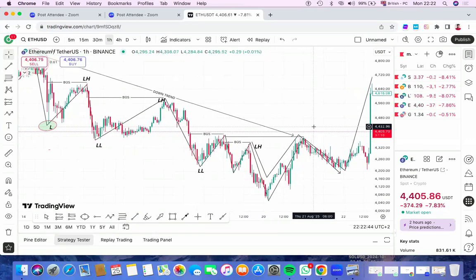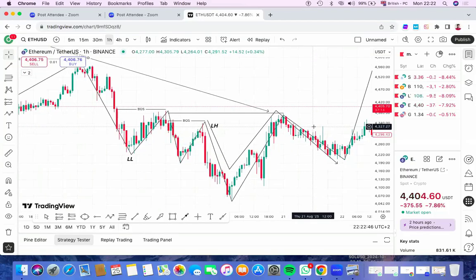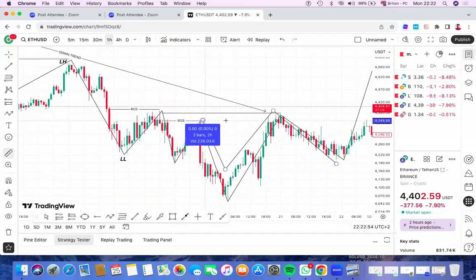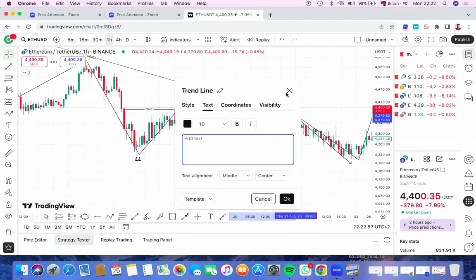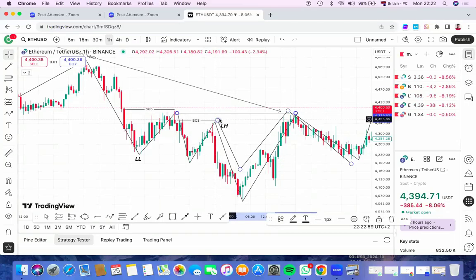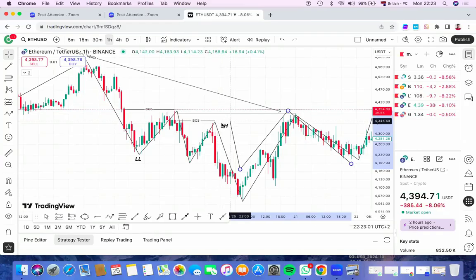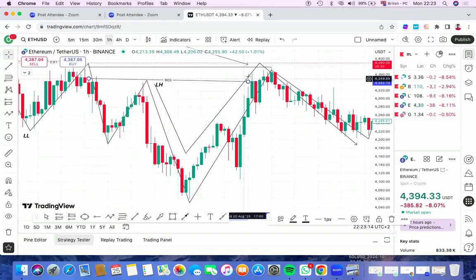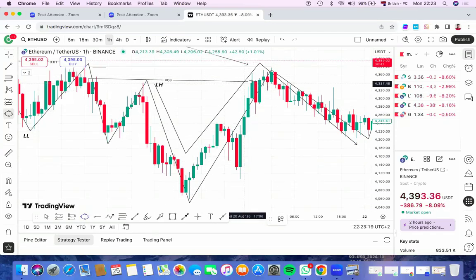You can see that if you check clearly, if I zoom out, and if I draw this break of structure, this structure that was broken to the downside, you can see that there is this candlestick here. Let me circle it so that you can see clearly.